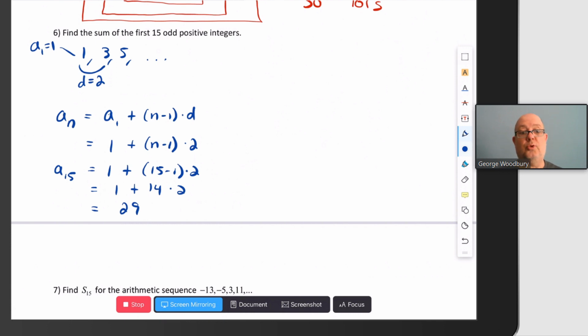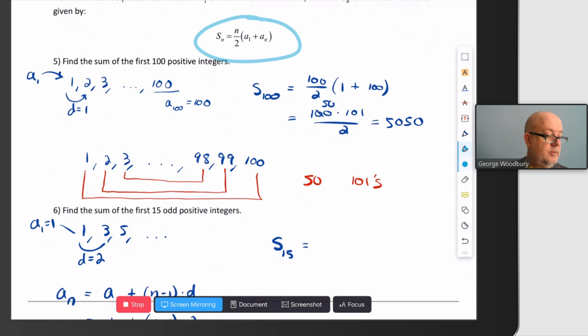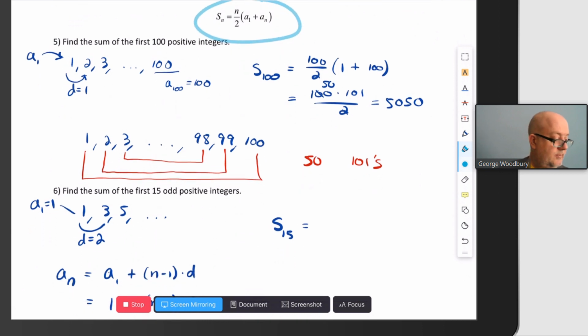Now we can go to the formula for the sum. S sub 15 is equal to, we're going to use that same formula from above, 15 over 2 times the sum of the first one plus the last one.